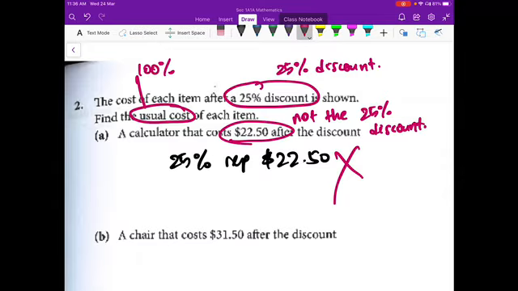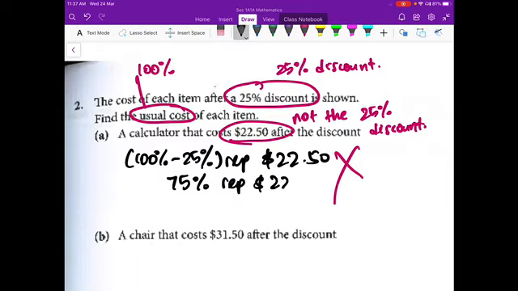Because this 22.50 is not the 25%. Instead, it is our after discount. So after discount is actually 100% minus 25%. That gives us 75%. 75% represents 22.50.